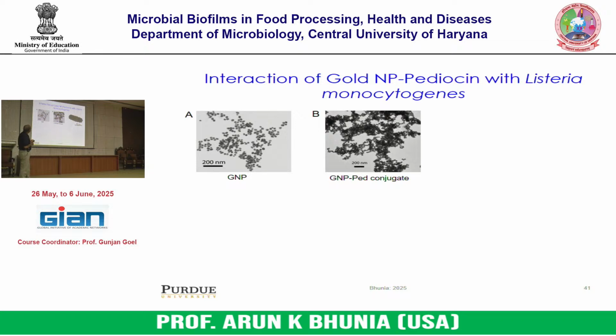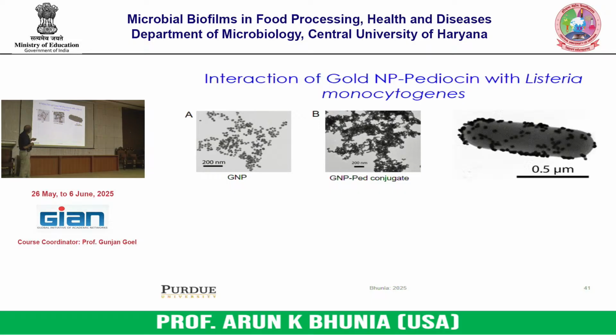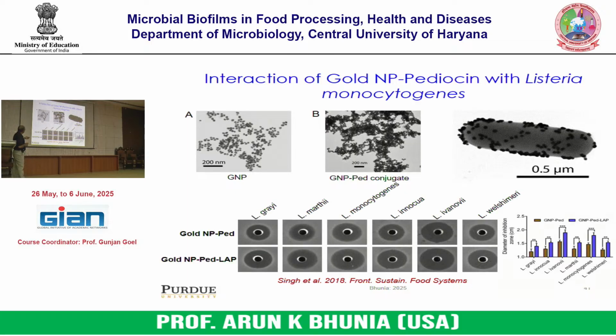So he created gold nanoparticle, and you can see clearly that, with or without bacteriocin, it can bind to the surface of the Listeria. You can see it coated with that. What we wanted to prove is that if you have a bacteriocin loaded gold nanoparticle, it is essentially inactivating all the Listeria species.